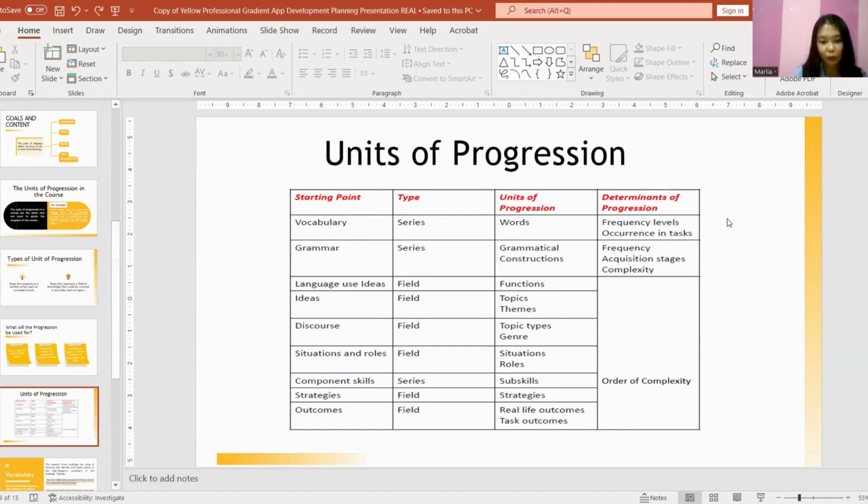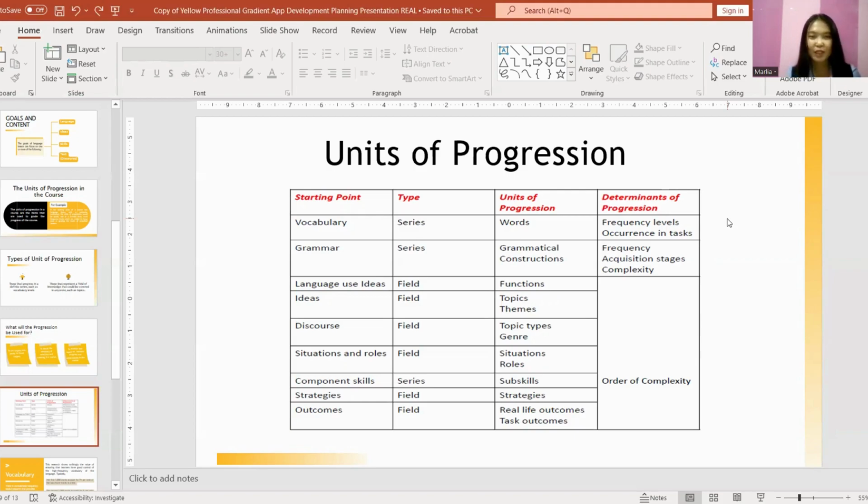Let's talk about the units of progression from the starting point. If the starting point is vocabulary, then the type is series. Series means the vocabulary that is achieved by the students in chapter 2 should obviously be more than the vocabulary they achieved in the previous chapter.